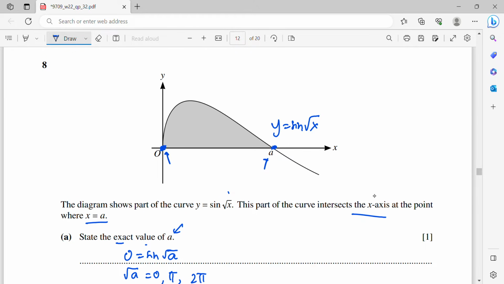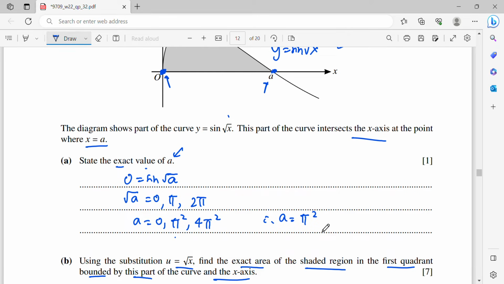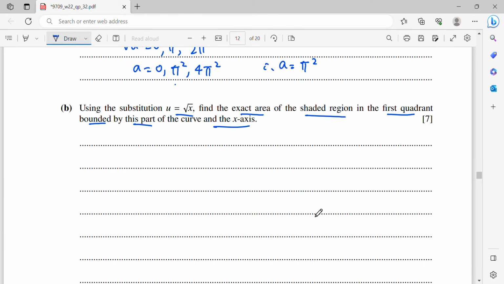So we need to integrate y from x equals 0 until x equals a. And the a is basically pi squared. So now our area equals the integral from 0 to pi squared of sine square root x dx.